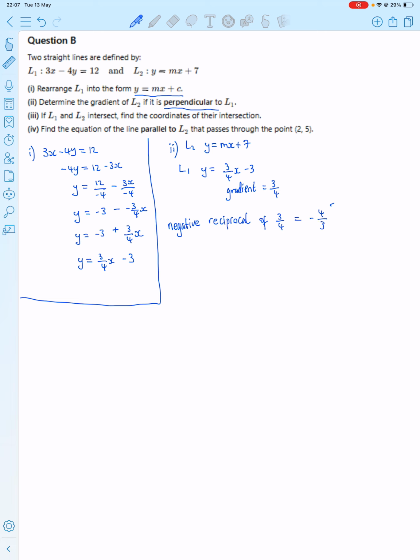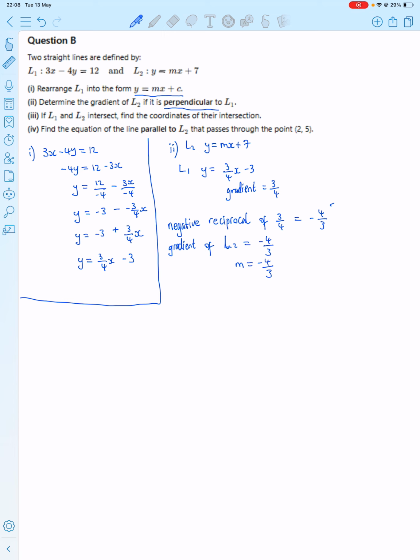We change the sign, it becomes minus 4/3. Okay? So, now for L2, that means the gradient of L2 equals minus 4/3. So basically, m is equal to minus 4/3.